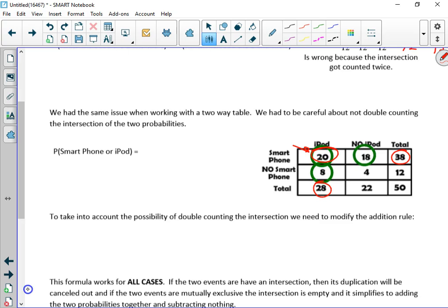So we had two choices: we could just add up the greens, or add up the totals and subtract one of the doubles. So the way to do it is 38 out of 50 plus 28 out of 50 minus the 20 out of 50, that double, and that gave us 46 out of 50. Because remember, you cannot actually have 66 out of 50. That doesn't make sense.